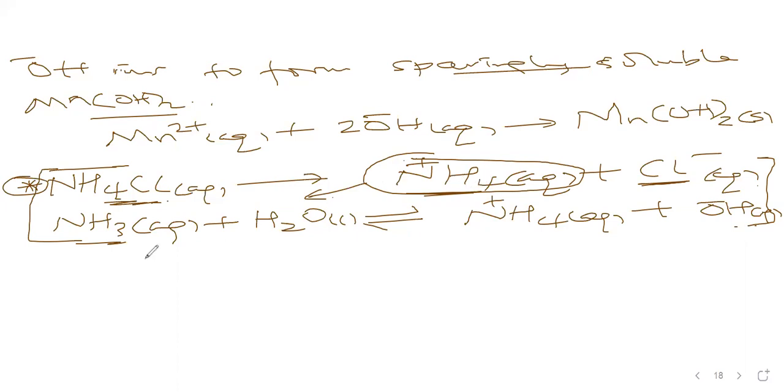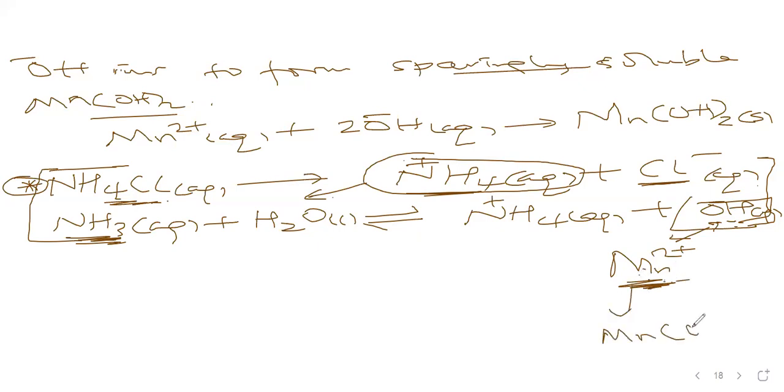They suppress the ionization of ammonia. When the ionization of ammonia is suppressed, that implies that we are going to have very few hydroxyl ions, which may not give us a high enough concentration to react with manganese 2 ions to precipitate manganese 2 hydroxide. Are you getting the concept?